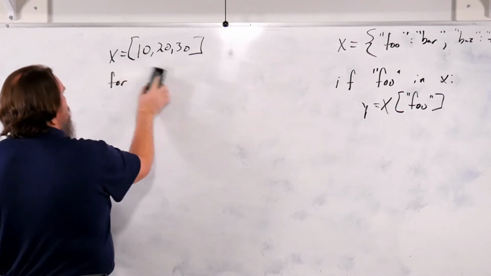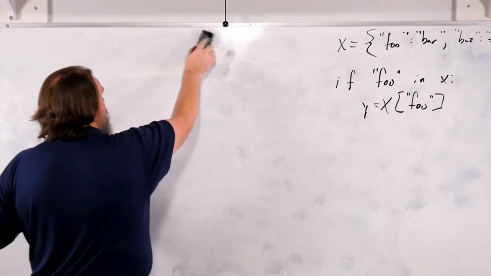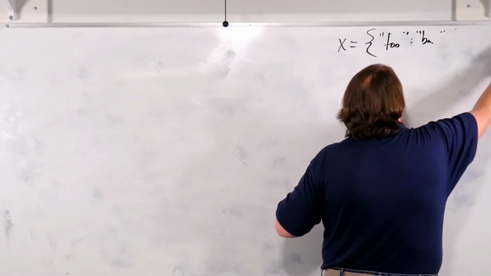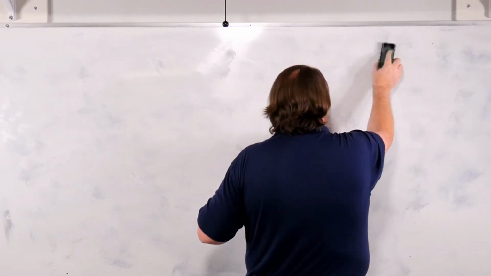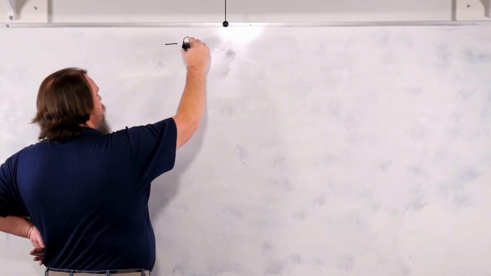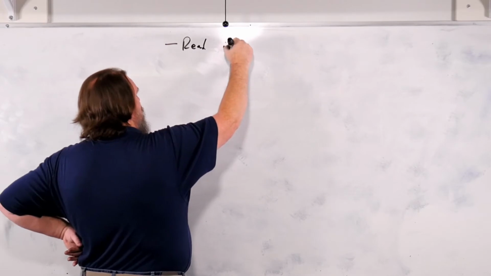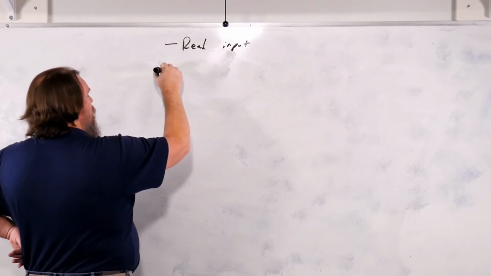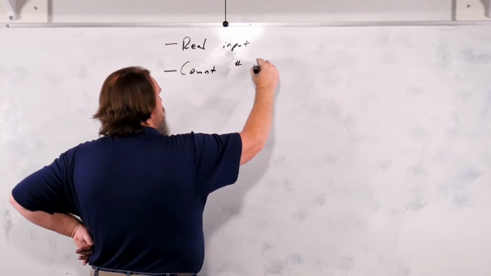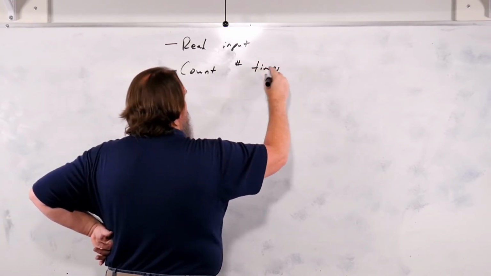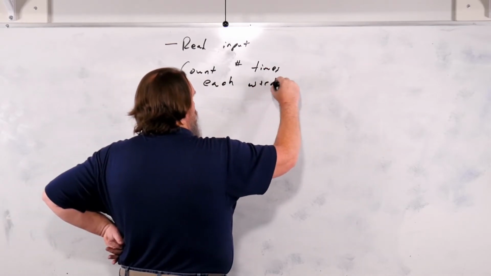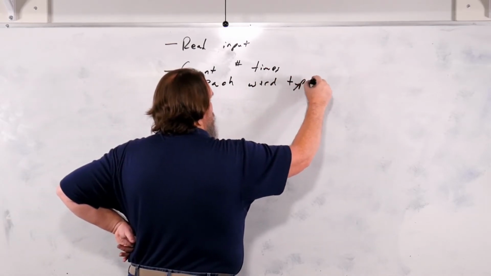So let's write a simple little program that'll illustrate what you can use this for in a dictionary. And the program I'm going to write is going to read from input, count the number of times each word is typed.